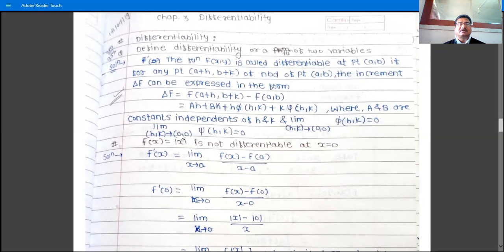A and B are constants independent of h and k.